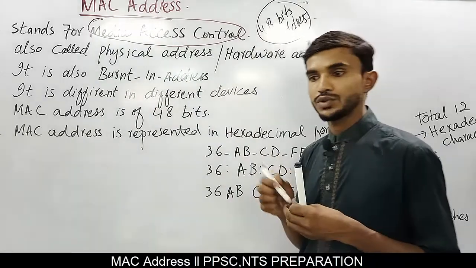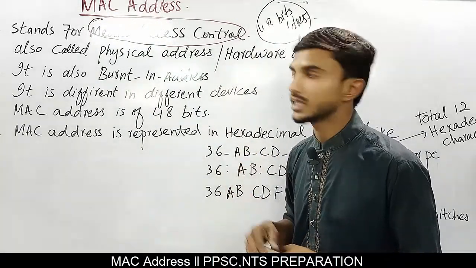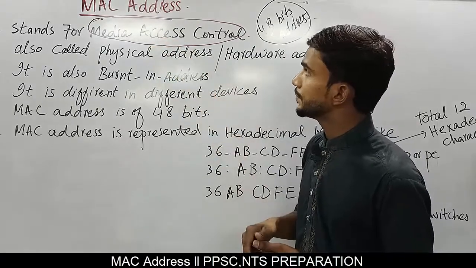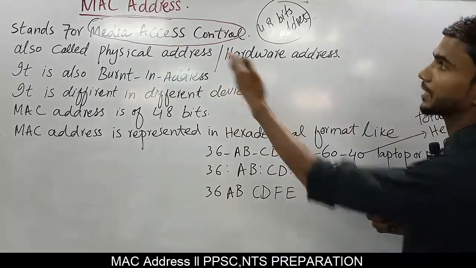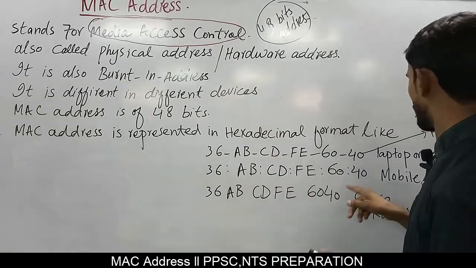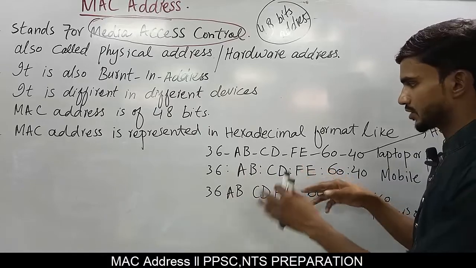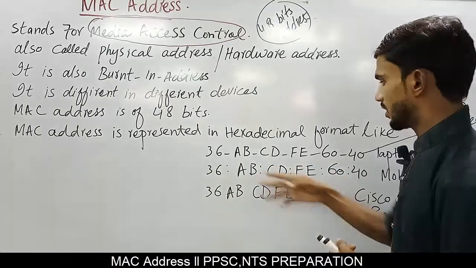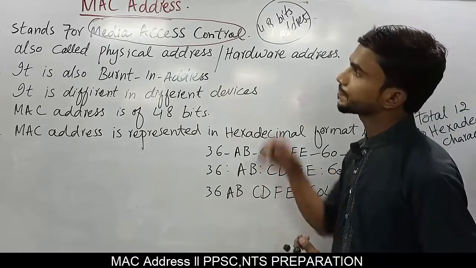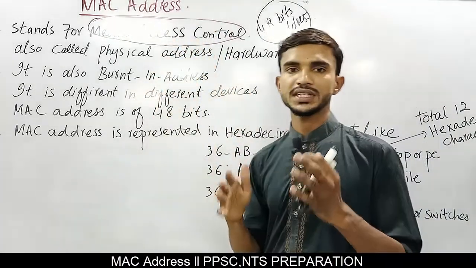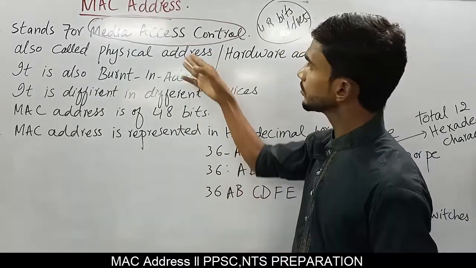If we go to the settings of the mobile phone, you can see media access control written there, and the MAC address is written in that format, for example 36 A, B, C, D, with separators between the different hexadecimal characters.